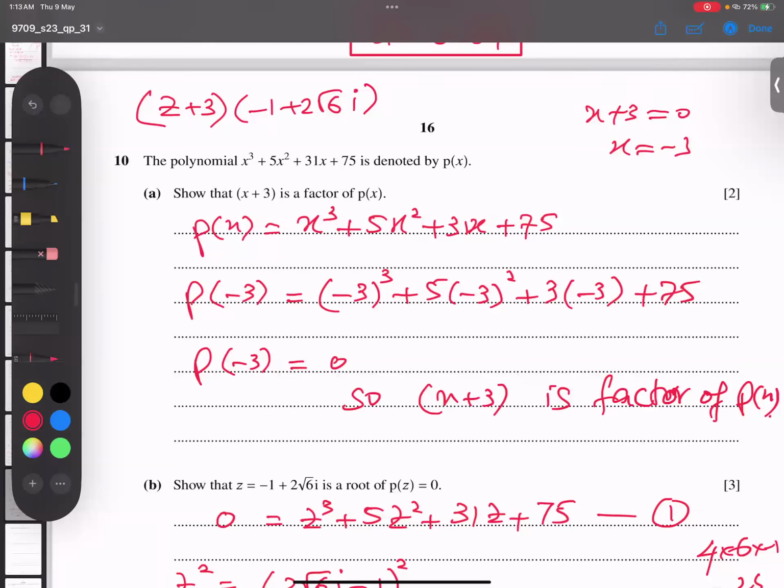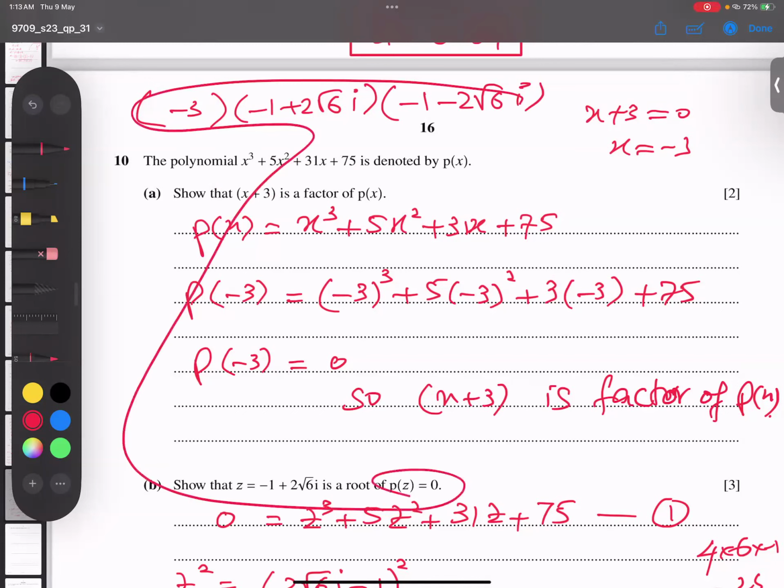Yeah, I'm writing root even, no issue at all. The first root, if I plug in equal to 0, I got -3. Second root, I got this. And the third root automatically, students, is the conjugate. So these are three roots of this P of Z.